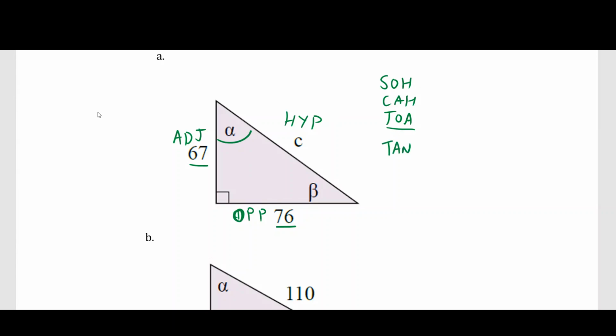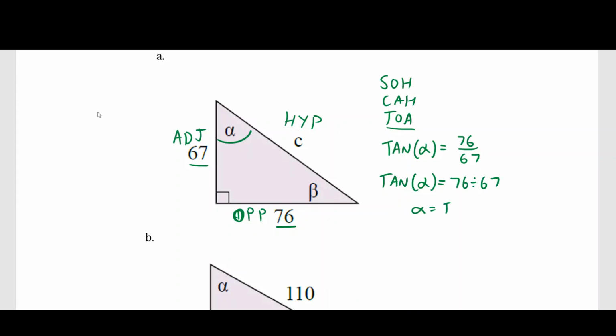So the tan of alpha equals 76, opposite over adjacent, over 67. So tan of alpha equals 76 divided by 67.